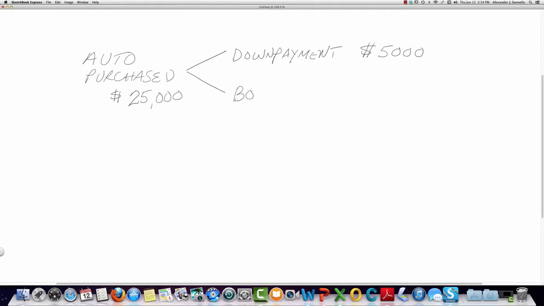Therefore, you have to borrow the other $20,000. If you were preparing an accounting equation for yourself, after you buy the auto, you will have assets or economic resources of $25,000.